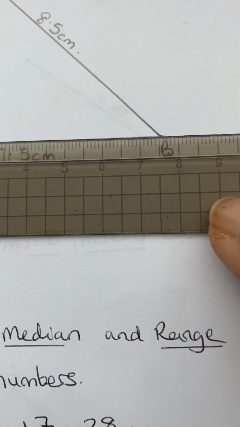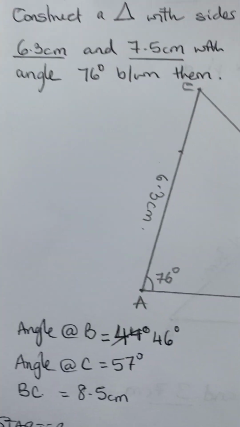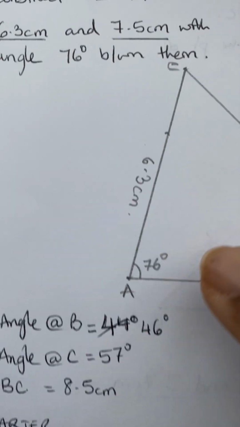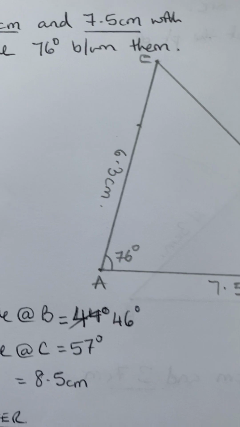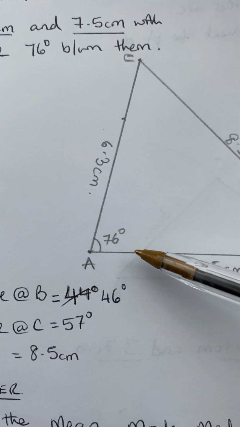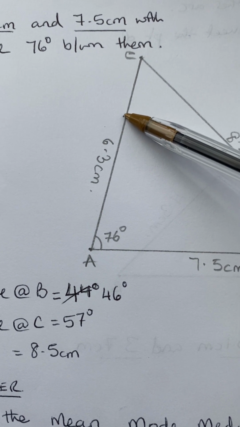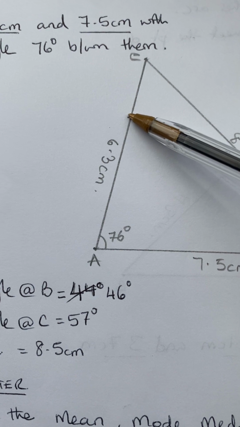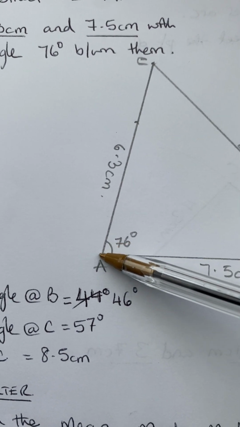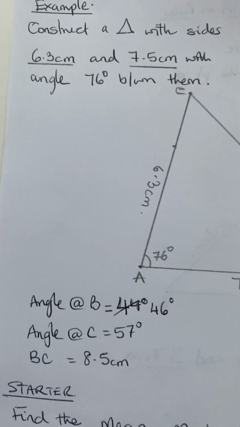Okay, and that is B. Now, with our protractor yesterday, we measured the angle 76 degrees. So if you measure, that is the reference point, 76. And then from A, you are going to measure 6.3.